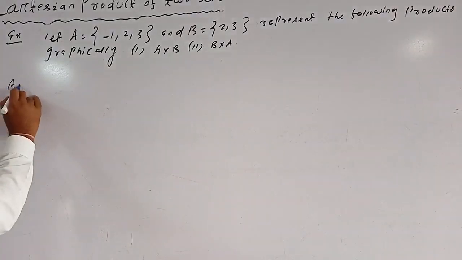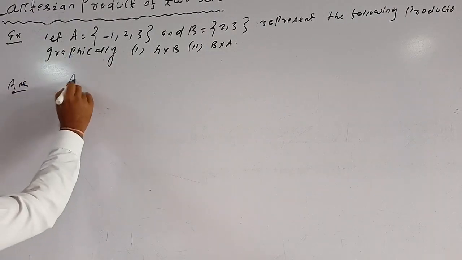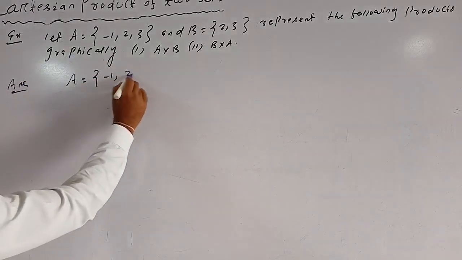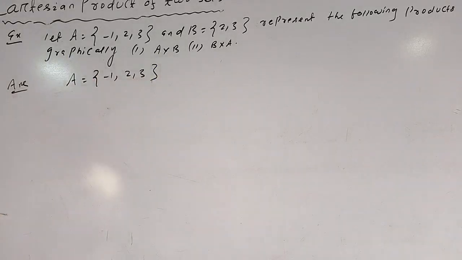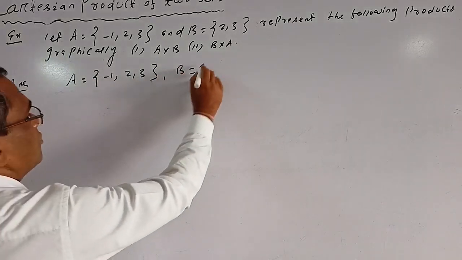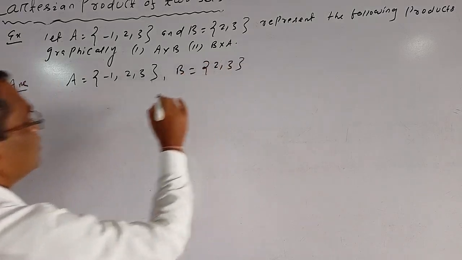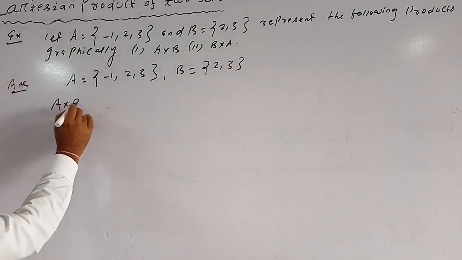Answer. Here A is equal to {-1, 2, 3}, a set containing 3 elements, and B is equal to {2, 3}. So what will be the number of elements of A cross B?